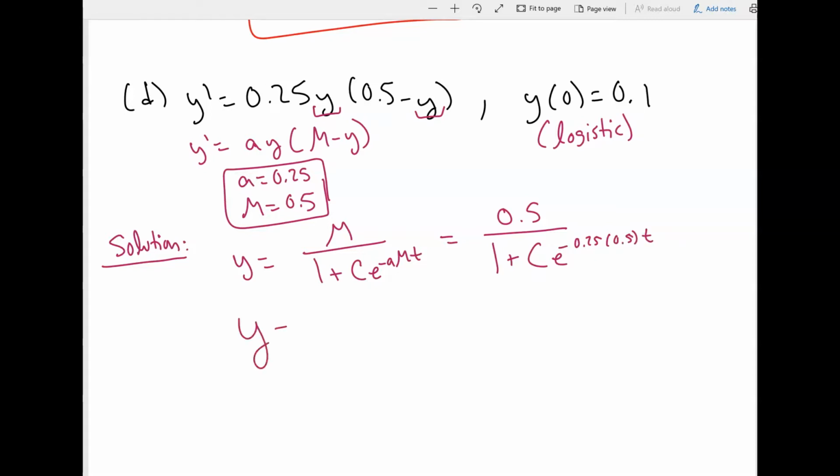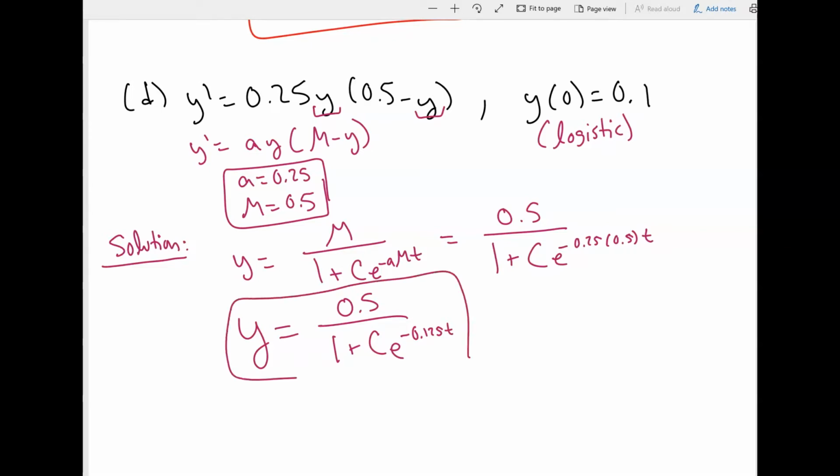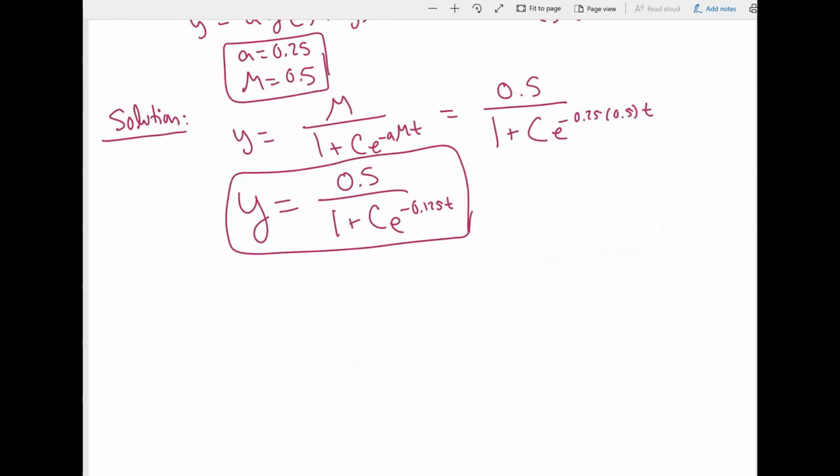If I multiply that out, you get y = 0.5 / (1 + c e^(-0.125t)). So that's almost my answer, because now what I need to figure out is the value of c, because I still don't know what c is.